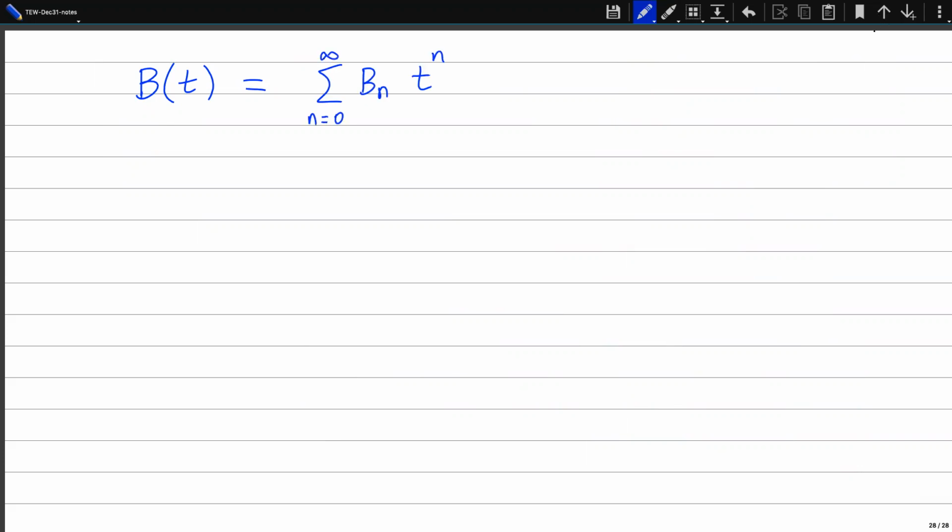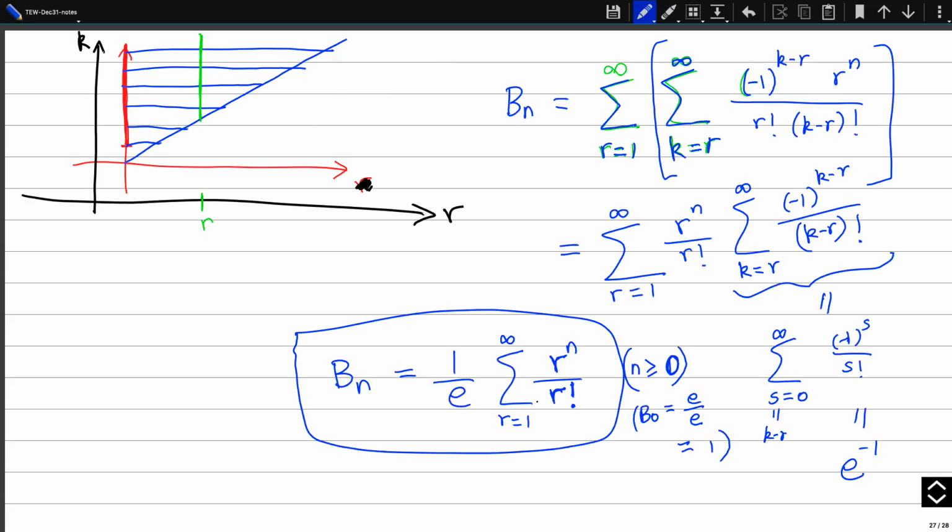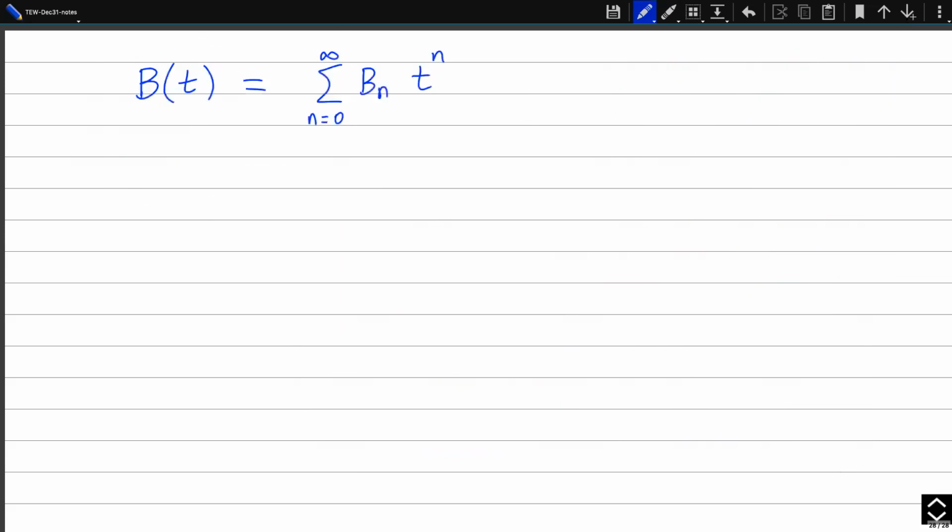Now let's see what we can do with it, since we already have an expression for bn. So this becomes the summation, n goes from 0 to infinity. What is bn? bn is 1 by e times the summation r goes from 1 to infinity of r power n by r factorial, right?